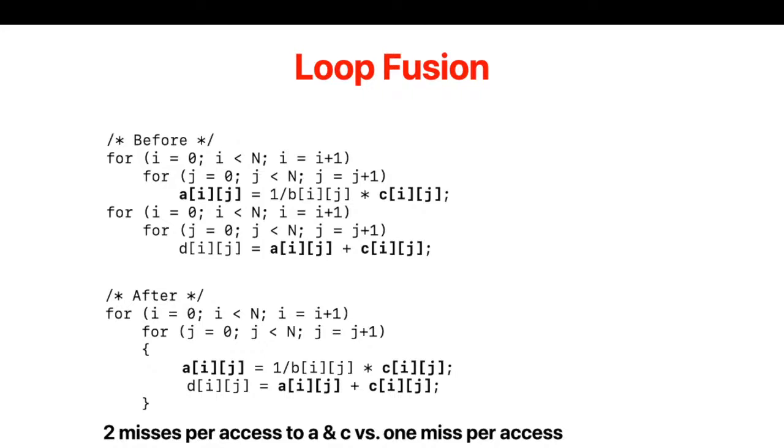So loop fusion means that if we have two separate loops, we combine them together. It's the opposite of loop fission. It turns out that whether to use it depends completely on what kind of processor you are working with.